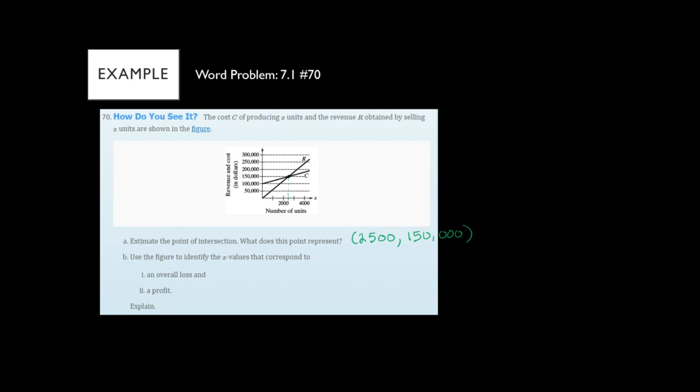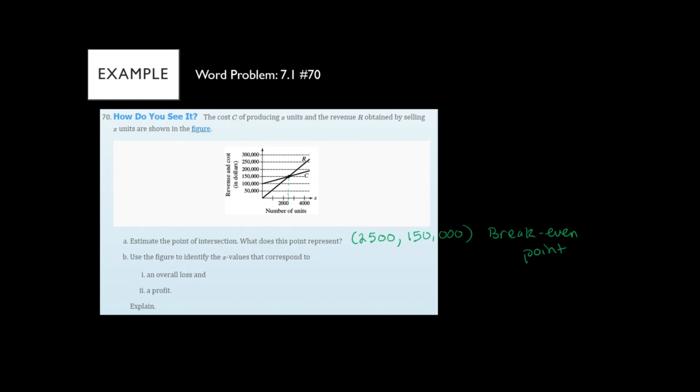That's what this means. This is usually called the break-even point. So it's where your cost is whatever you're spending. The revenue is the money you're bringing in. It doesn't actually represent the profit, but it just means you're bringing in the same amount that you're spending, essentially. So that's the break-even point.